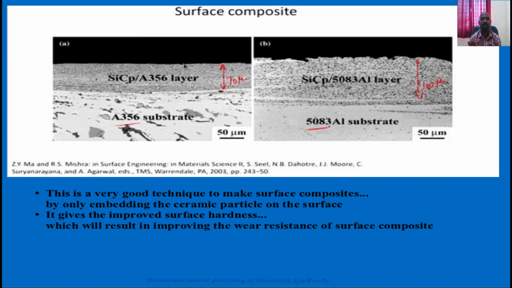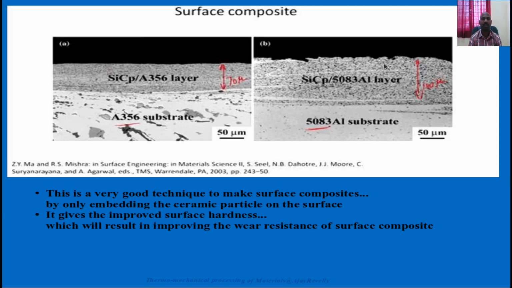It has been observed that in this alloy the surface composite achieved is around 70 micron, and this is a 50 micron length bar. In the case of this other aluminum alloy substrate, a 100 micrometer surface composite is achieved.